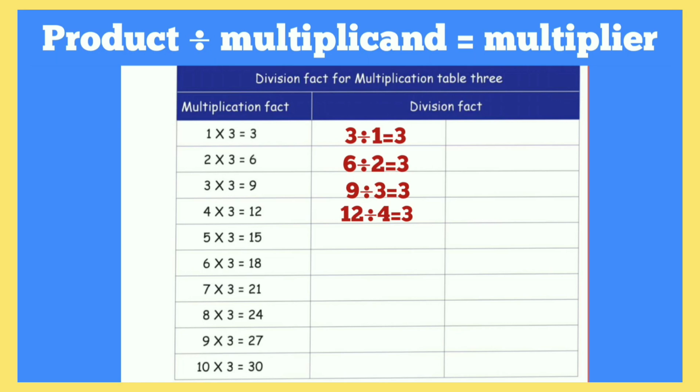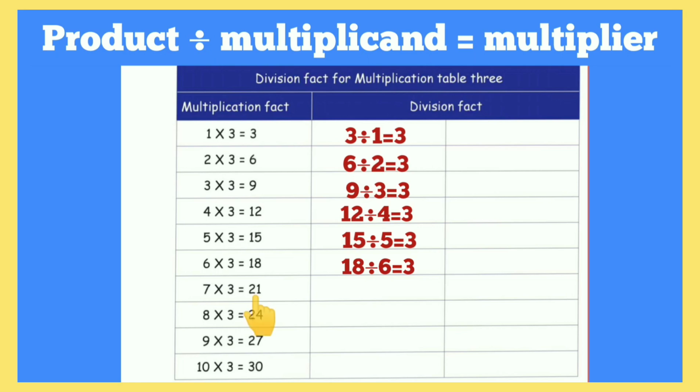Next, the product is 15, multiplicand 5, multiplier 3. So, the division fact is 15 divided by 5 equal to 3. Next, the product is 18, multiplicand 6, multiplier 3. So, the division fact is 18 divided by 6 equal to 3.